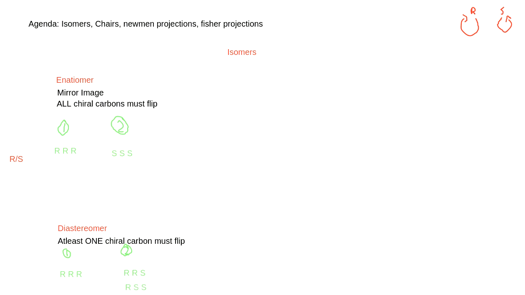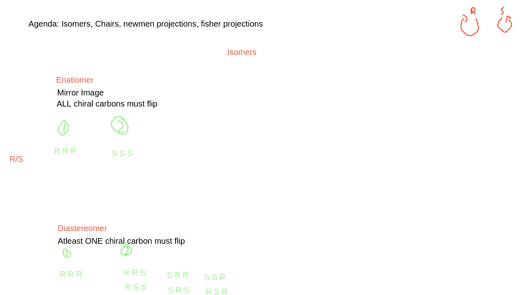It could be S, R, R. It could be S, R, S. As long as it's not S, S, S, and you know there's probably more combinations like S, S, R, and then I think that should be it. Maybe R, S, R. I think there's only 6 combinations, but any of those 6 will do.